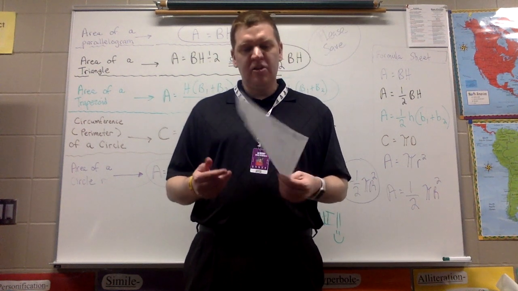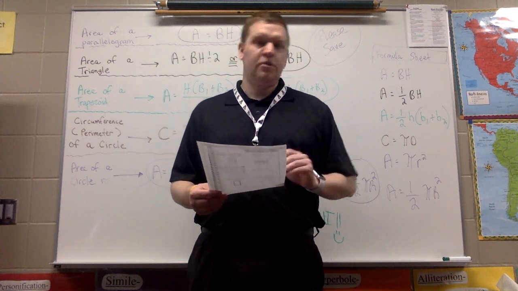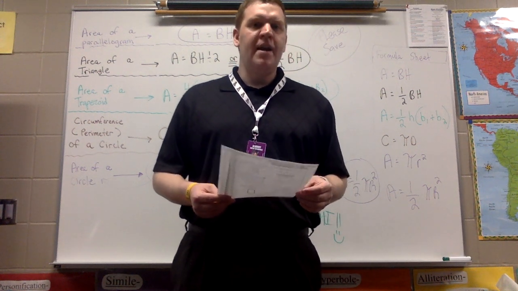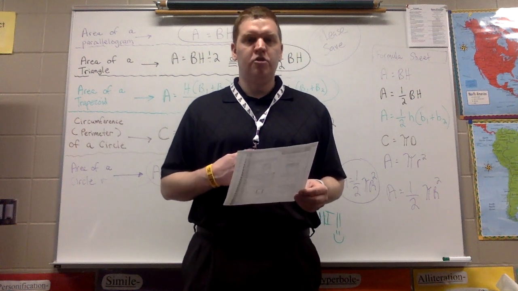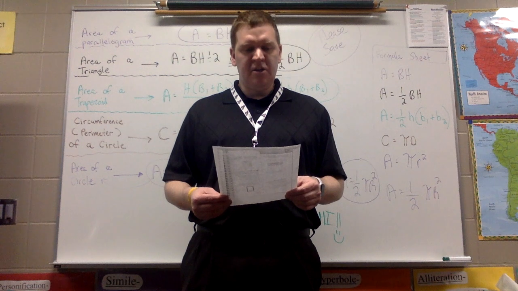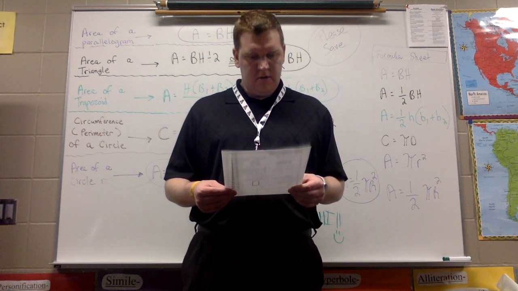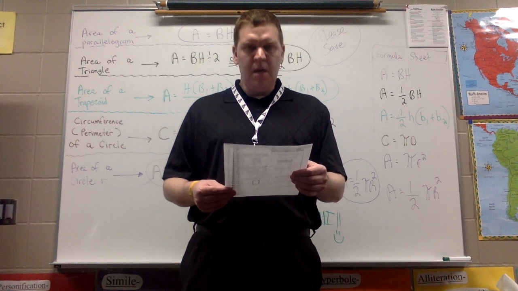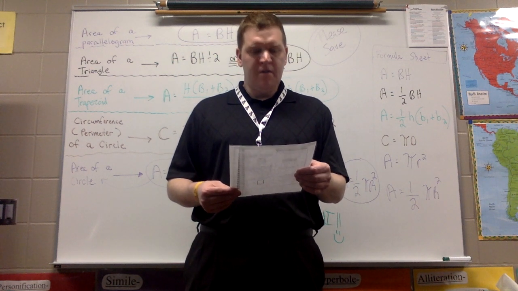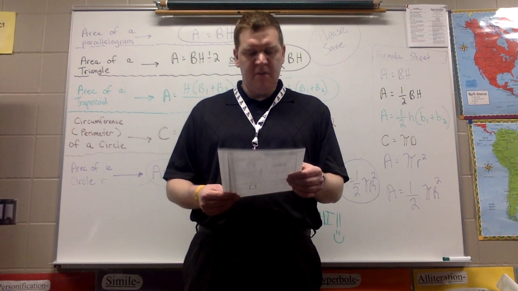So for 592, the answers should be this. You might want to pause it right now so that you can talk about what the answers should be and then do so as you go on. On page 592, your test practice, number 1, the answer should be B, 4 times n divided by 2.